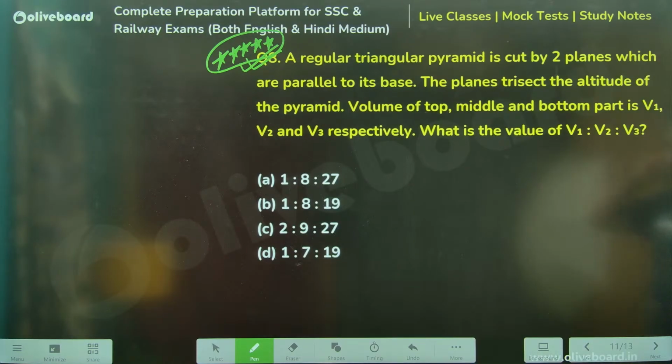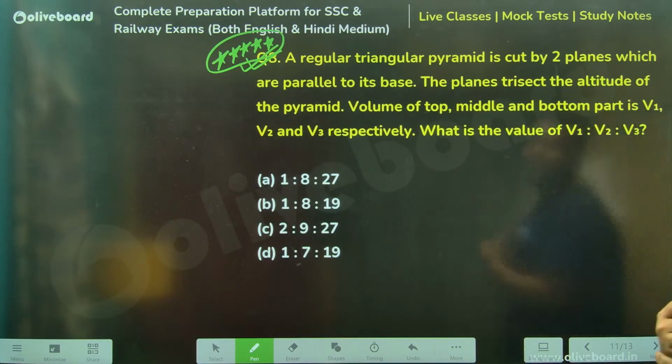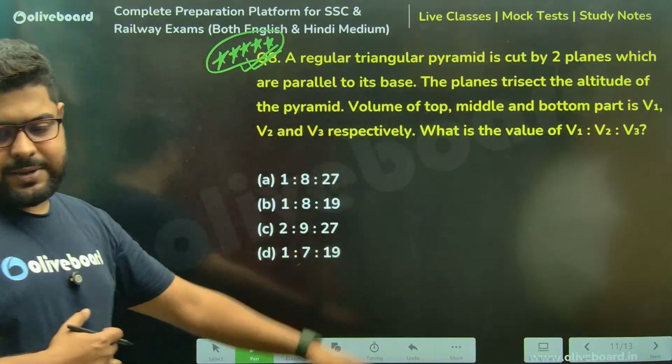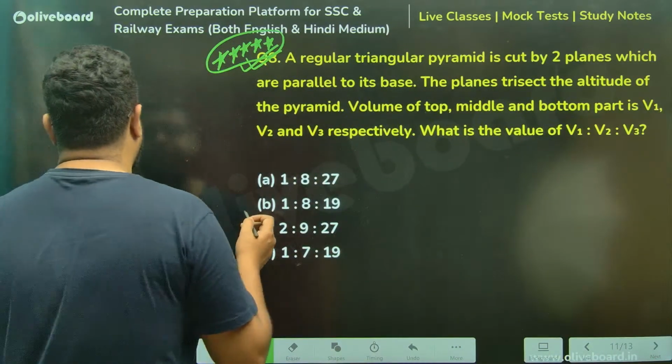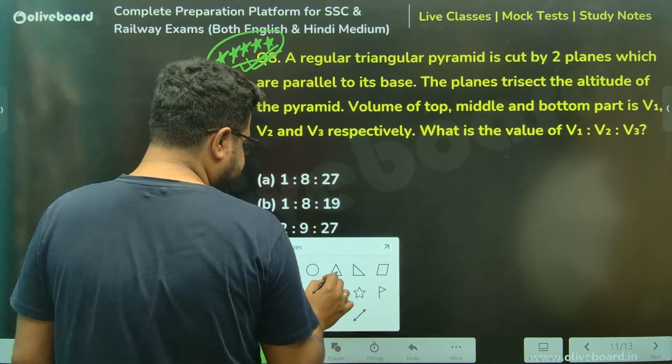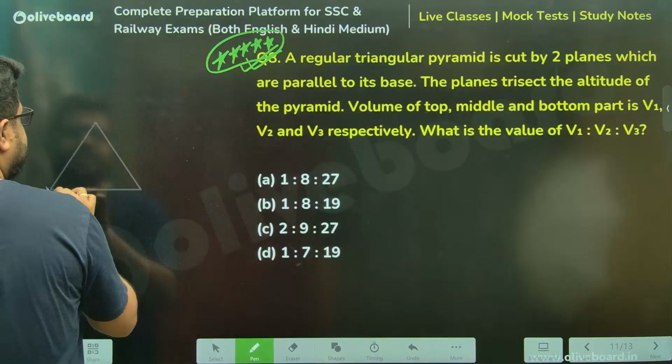A regular triangular pyramid is cut by 2 planes which are parallel to its base. The planes trisect the altitude of the pyramid. Meaning, sir, let me draw this a little properly, or at least let me try this.